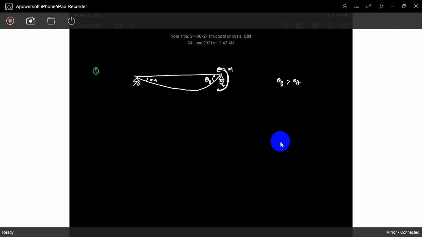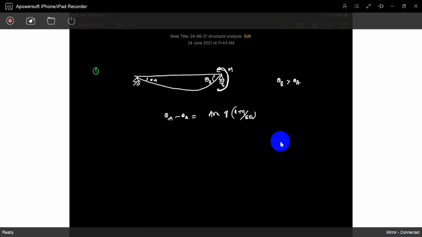How can you solve and find out the deflections? If you go through the area moment method, theta A minus theta B is equal to the area of the bending moment diagram, the area of the curvature diagram. But again we don't know.